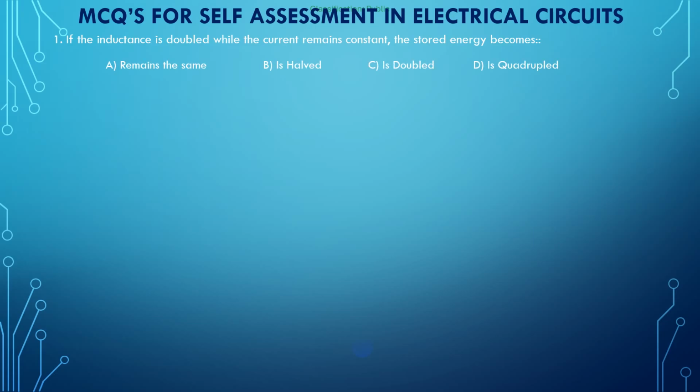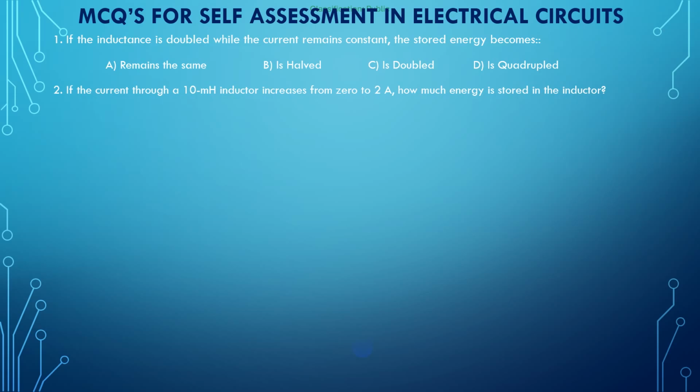But another question will come where we have to make changes to the equation. We'll see that one. If the current through a 10 millihenry inductor increases from 0 to 2 amperes, how much energy is stored in the inductor? Energy is half Li square.